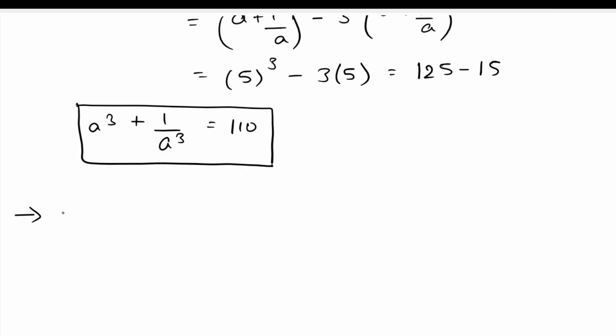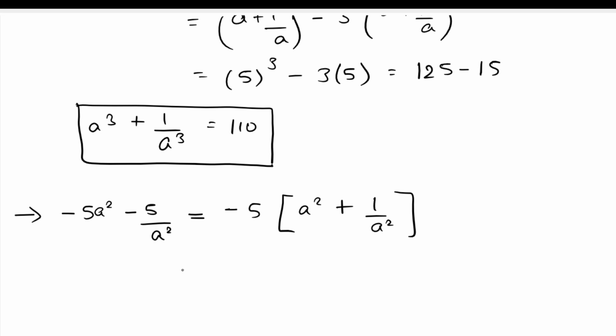Let's find out the value for minus 5a square minus 5 divided by a square. In this, I'm taking minus 5 out as common. So I'll get a square plus 1 by a square. Now here I'm applying a square plus b square formula, which is (a plus b) the whole square minus 2ab.